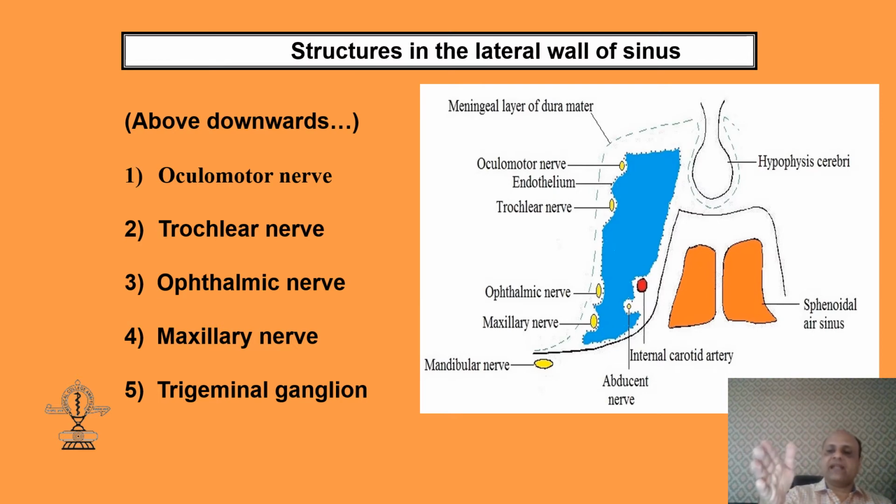And suppose my hand is representing the lateral aspect of the cavernous sinus, then the posterior aspect of the lateral wall is indented by the trigeminal ganglion. Now my fist is representing the trigeminal ganglion, which indents the posterior aspect of the lateral wall of the cavernous sinus. Okay, so these are the structures which are lying in relation to the lateral wall of the sinus from above down.